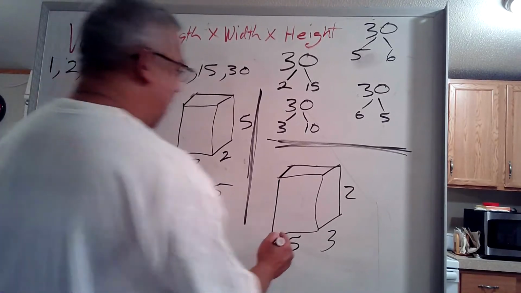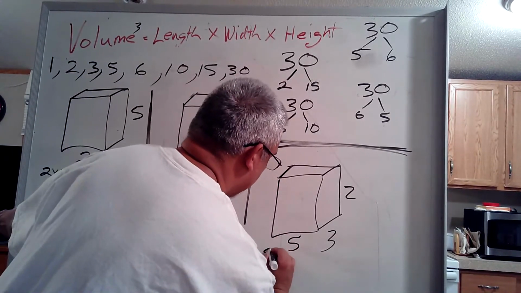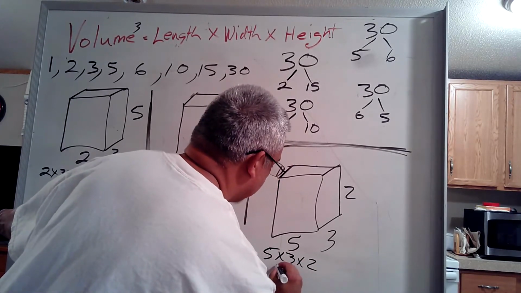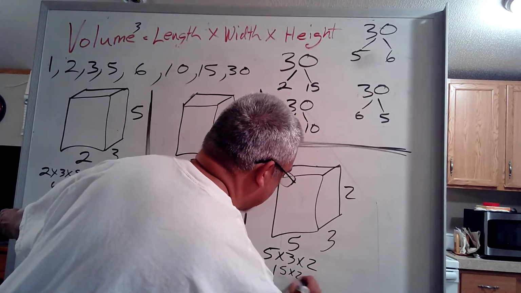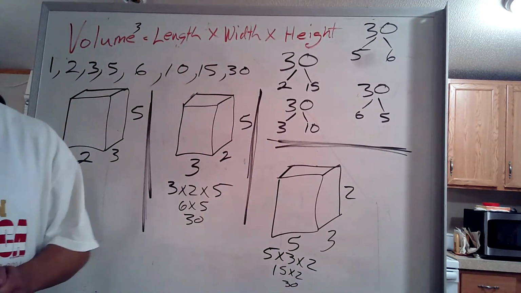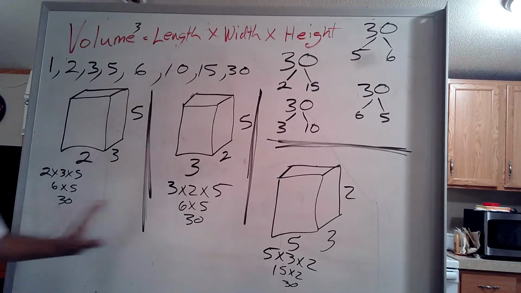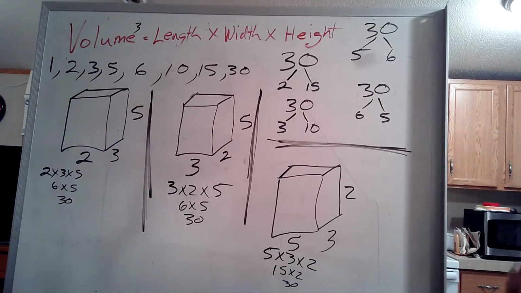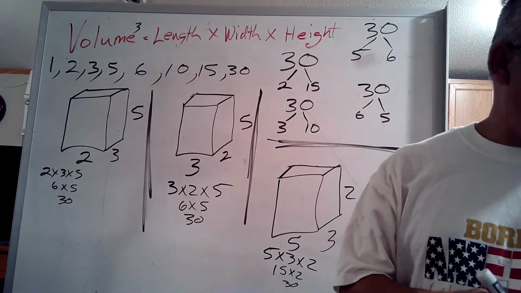Okay, so 5 times 3 times 2, because 5 times 3 is 15, 15 times 2 is 30. So did we come up with 3 ways to get 30 by doing our boxes? Yes, we did. All right.